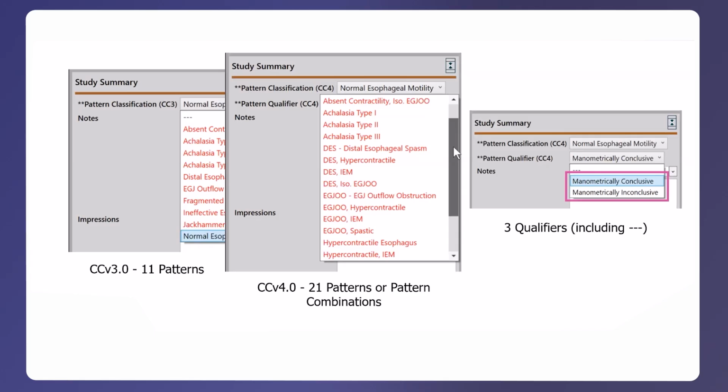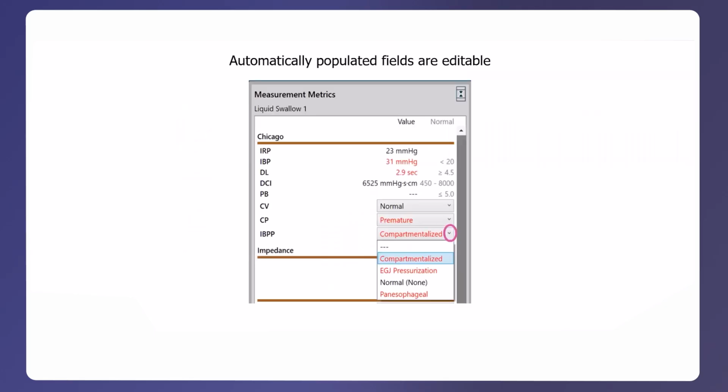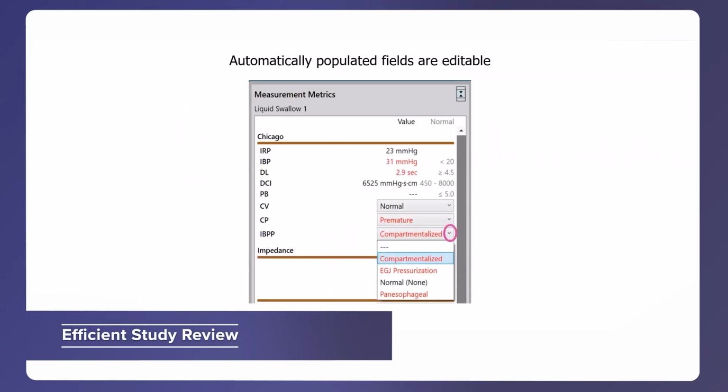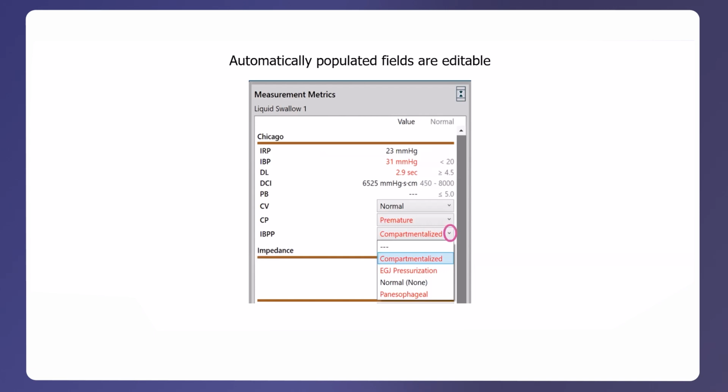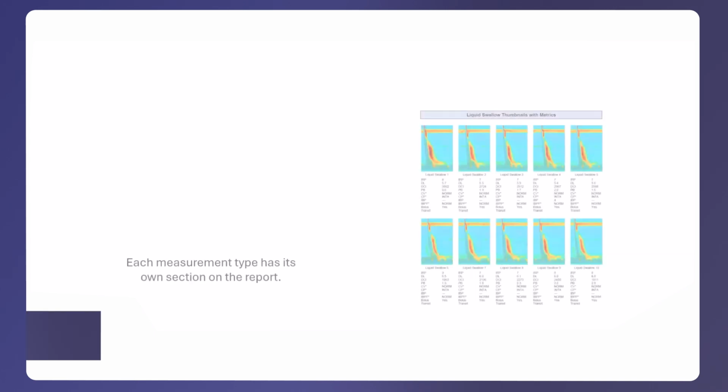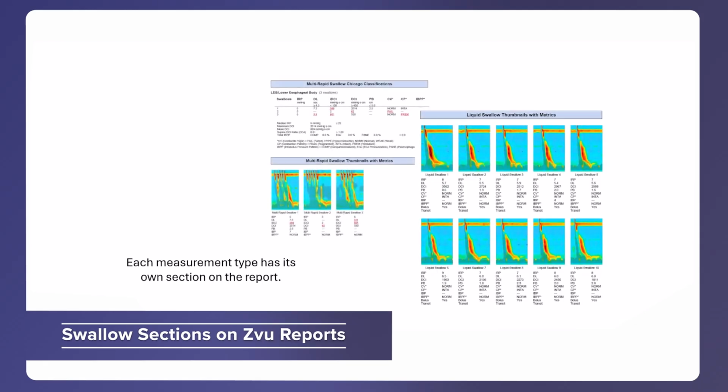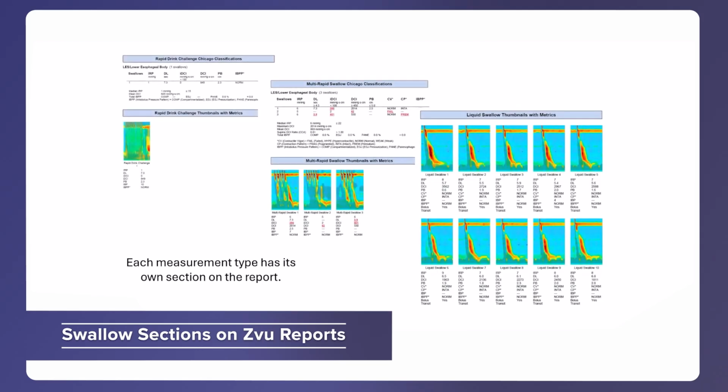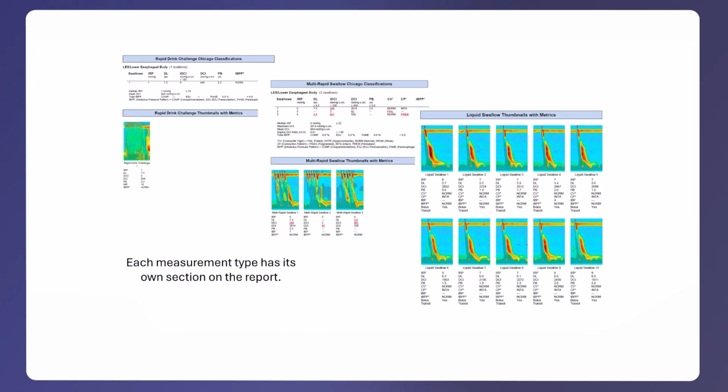The patterns and qualifiers populate automatically based on the Chicago metrics, considering supine, liquid, and upright swallow data as appropriate. As always, the reviewer remains in control of automatically populated fields such as the intrabolus pressure pattern, pattern classifications, and qualifier.